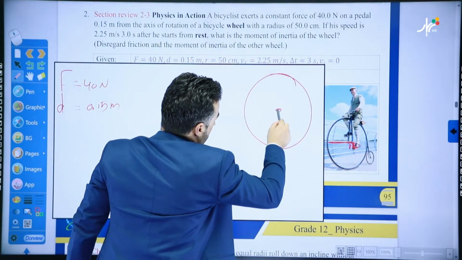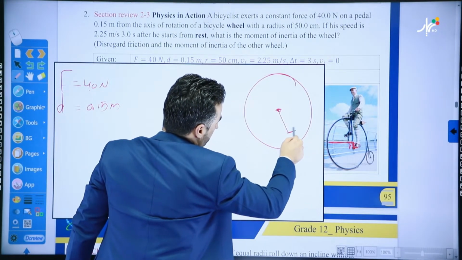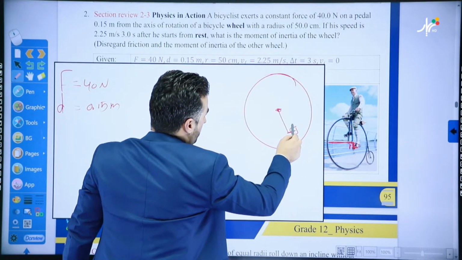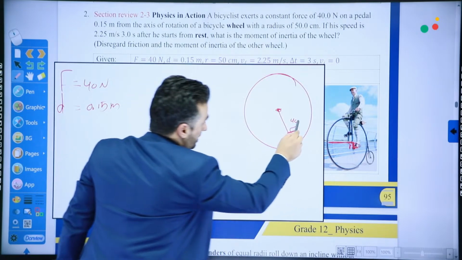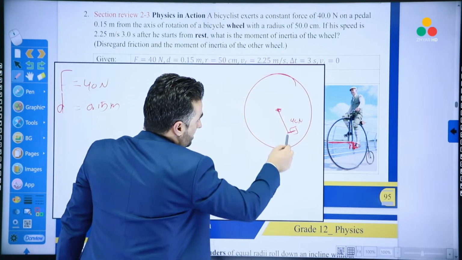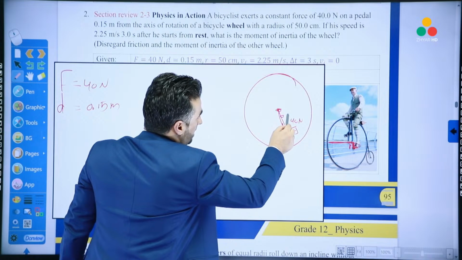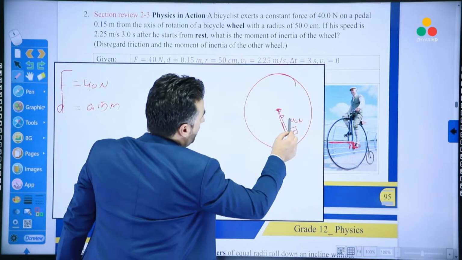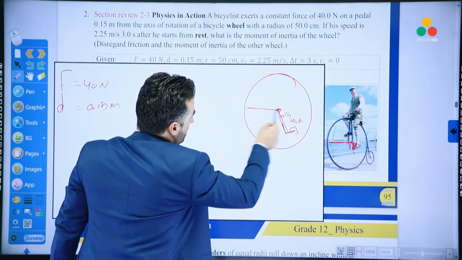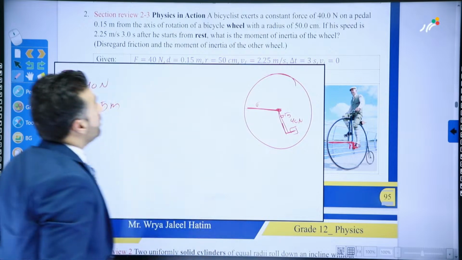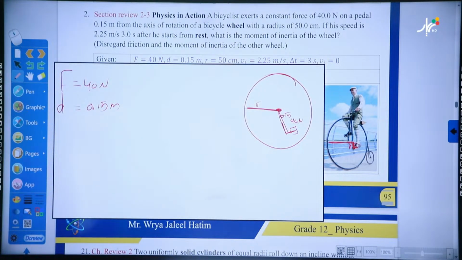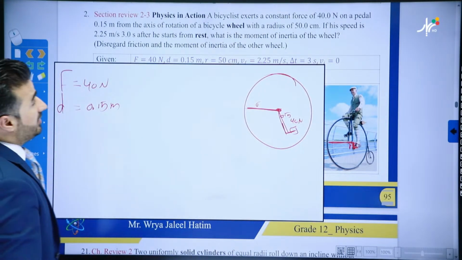So let's say this is the pedal, and this is the force you're going to use, that is 14 Newton. This distance is going to be 0.15 meter. And of course, the radius of the wheel is 50 centimeter, which is 0.5 meter.